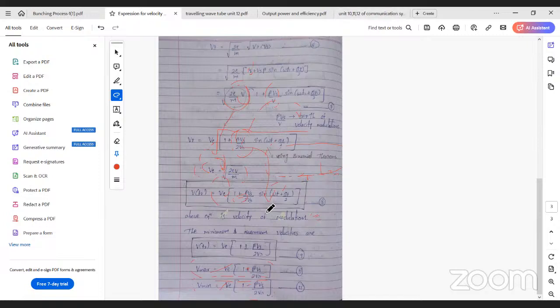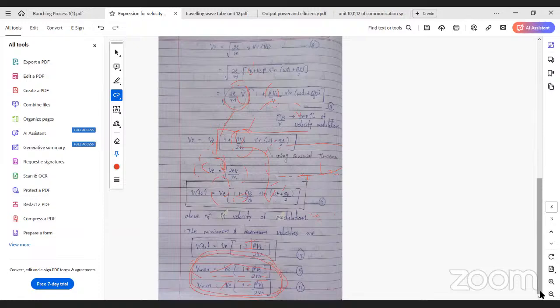After removing root, we wrote this one in terms of plus and minus. In the final equation, we are writing V maximum and V minimum. This V maximum, V minimum represents velocity modulation of the two cavity klystron.